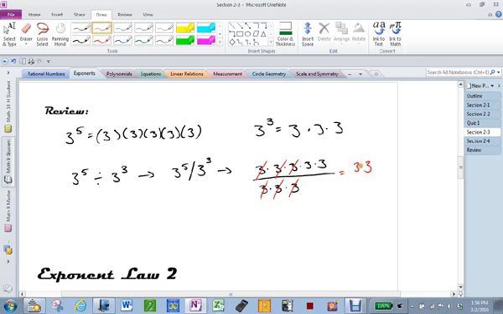Do math guys like 3 times 3? No. What do they write? 3 squared. Now, what did I start with? 3 to the 5th. What did I divide it by? 3 to the 3rd. What did I end up with? 3 squared. What's the connection?